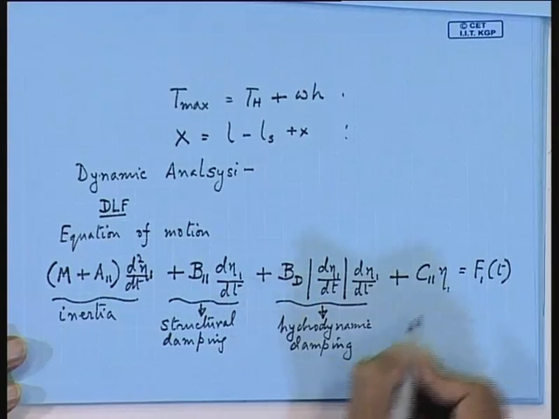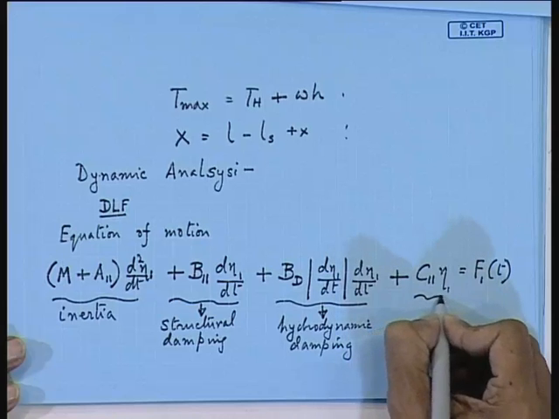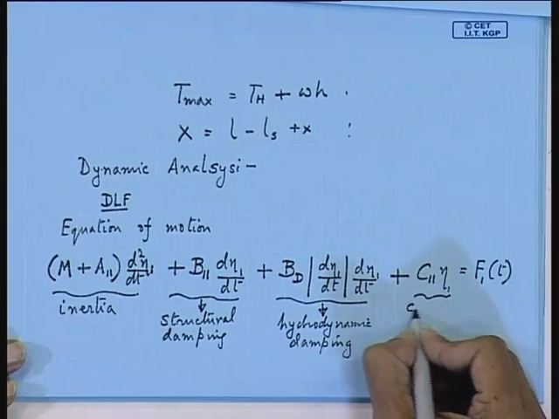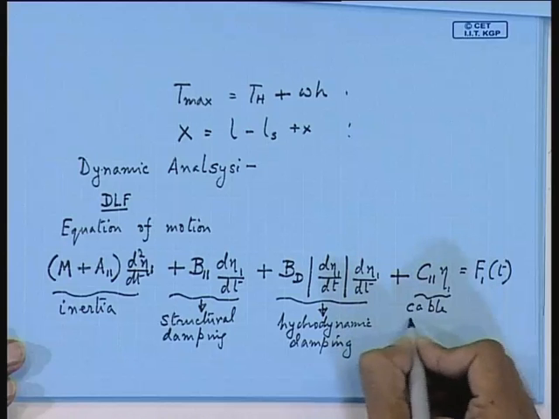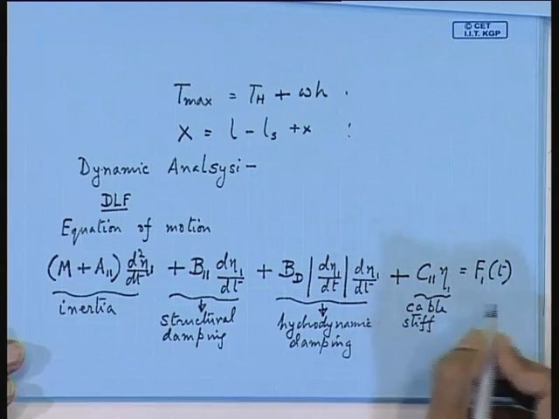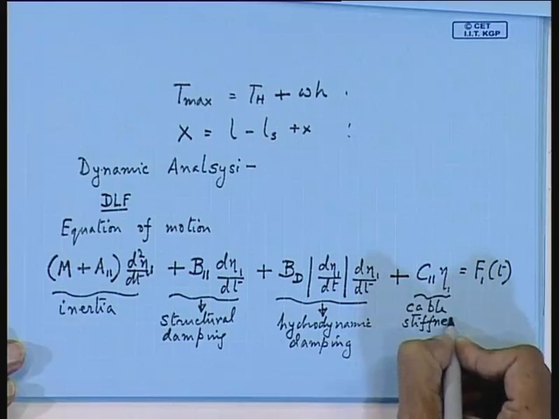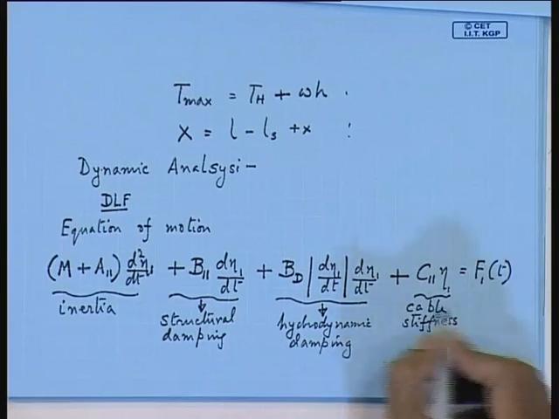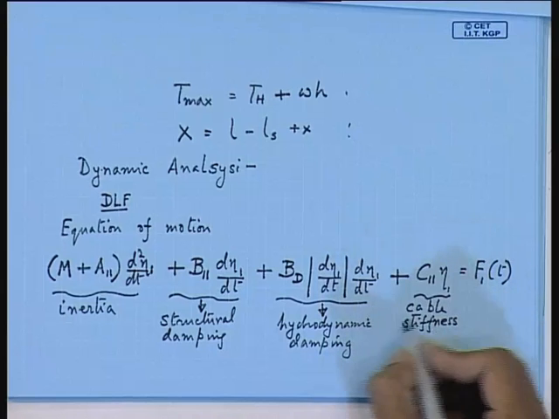Now what is this C11 eta? This is cable stiffness or spring stiffness. So this is why you will find that the anchor line is having a spring stiffness. Sometimes this is also called spring stiffness.